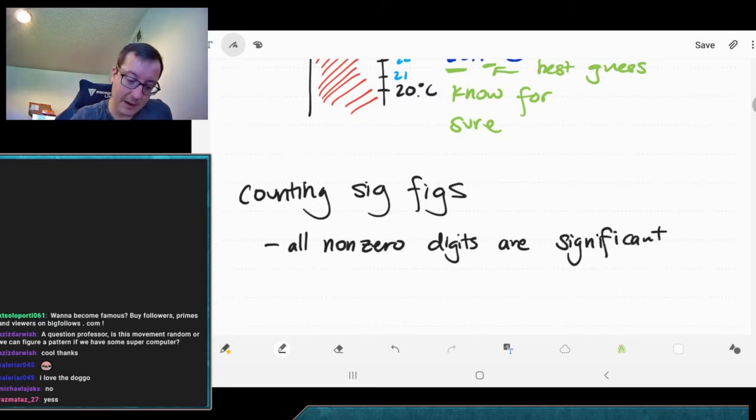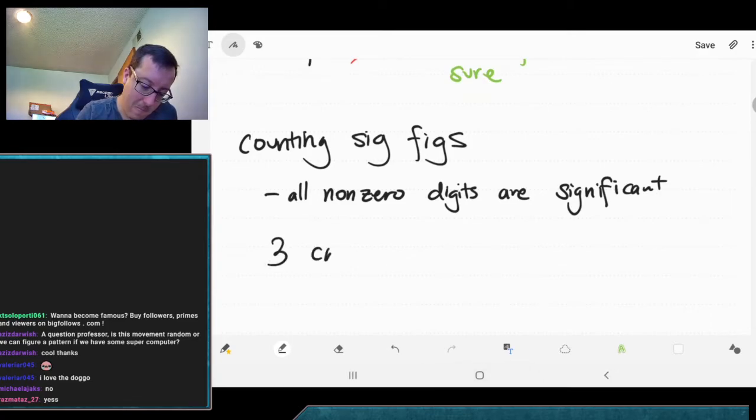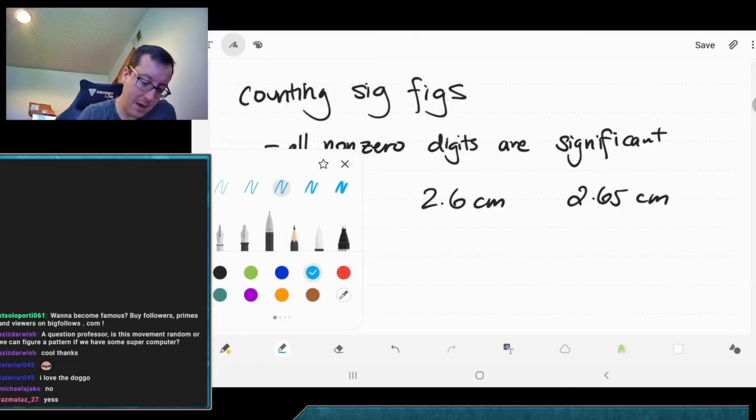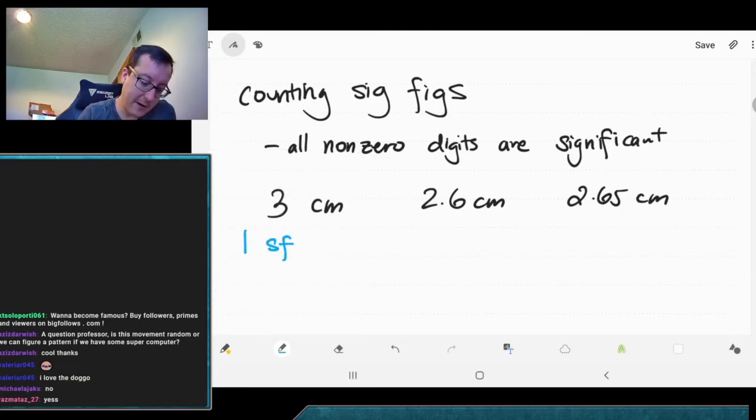So if we take the three measurements we did on that B, we see, okay, this first number has one significant figure. It's just one number. All of these are non-zeros. Non-zero numbers are always significant. So we're going to see that this one has two significant figures, and this one has three significant figures.